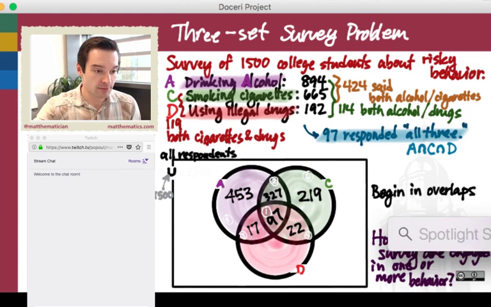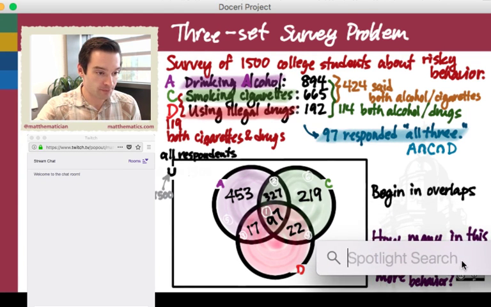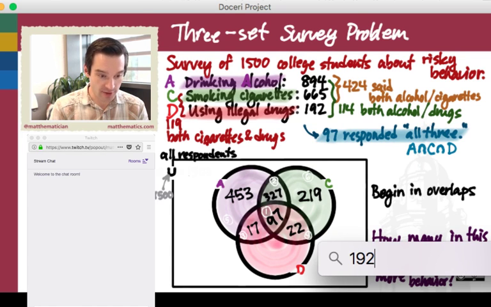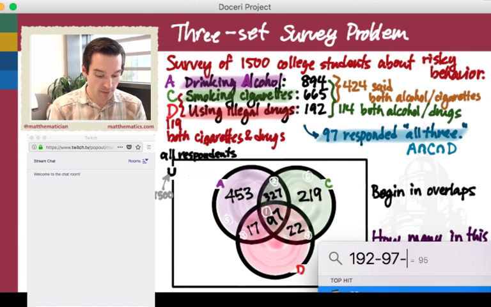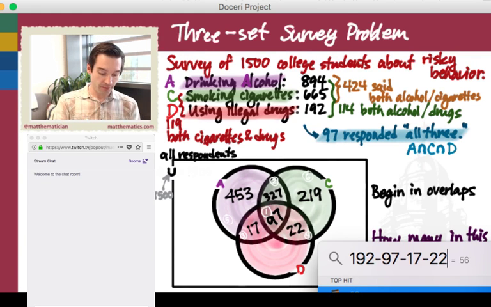So in my drugs only category, I'm going to have 192 minus 97 minus 17 minus 22, which is 56. So there are 56 people that are only illegal drug users and they don't smoke or drink. And that completes my single users. So this was the 7th place that I went in the Venn diagram.